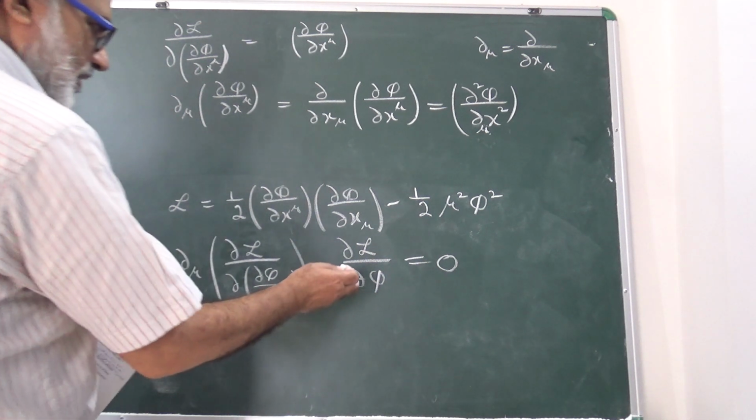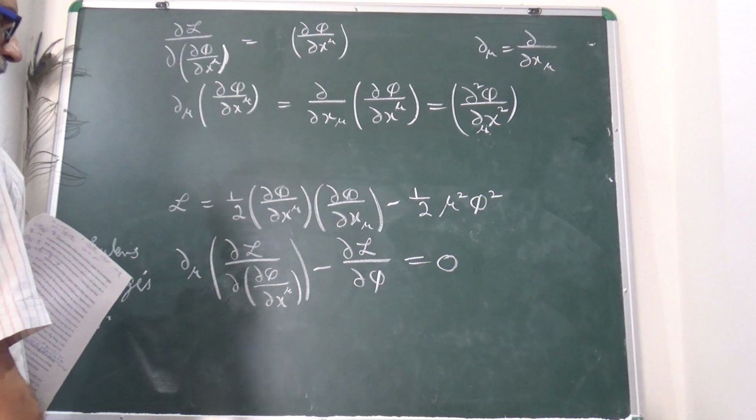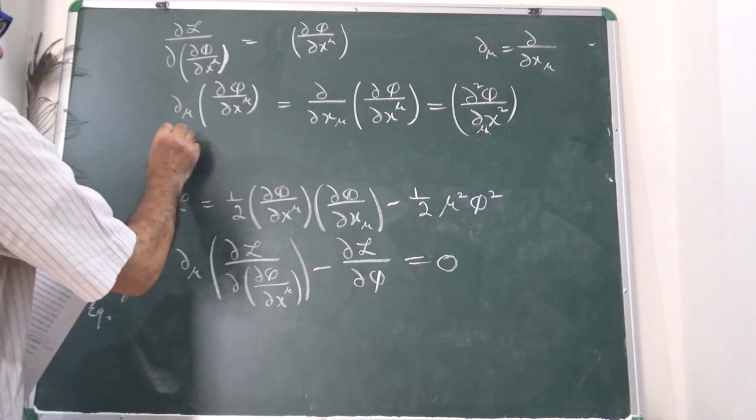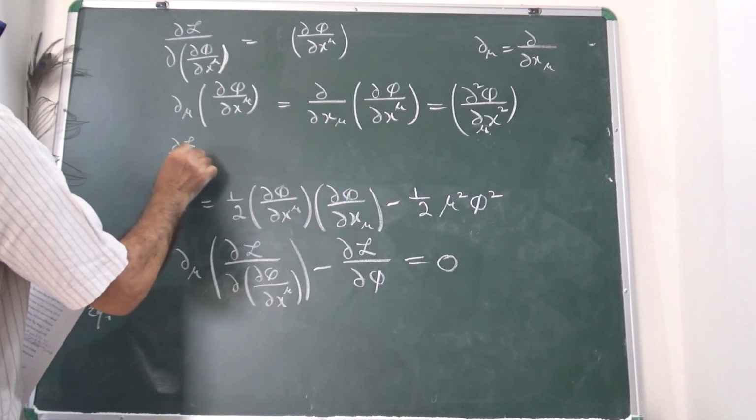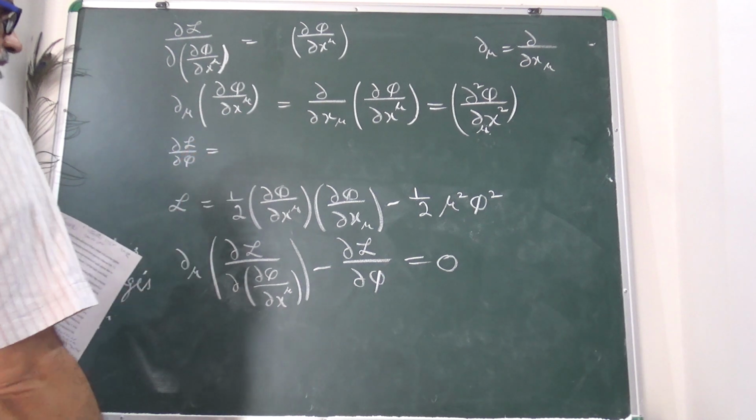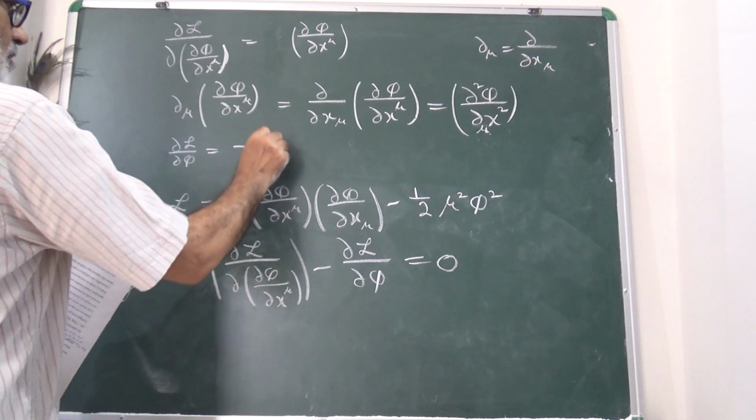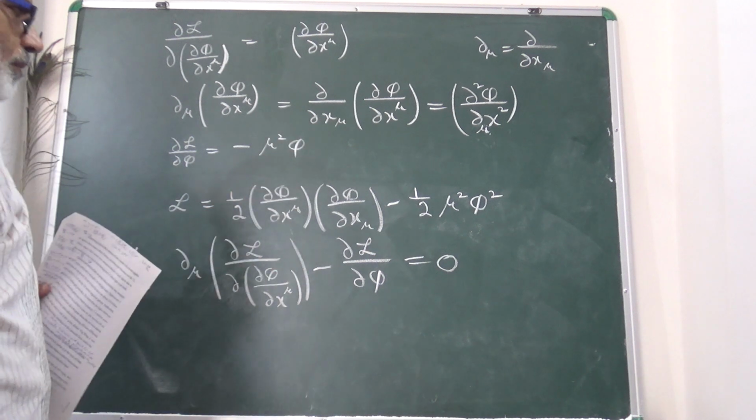Now if you differentiate this with respect to phi, you will get minus mu square phi.